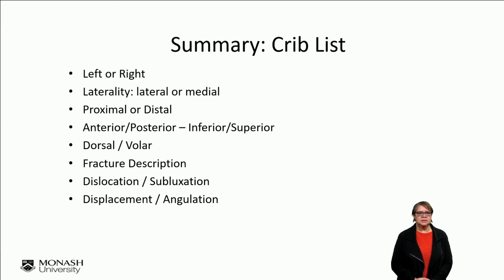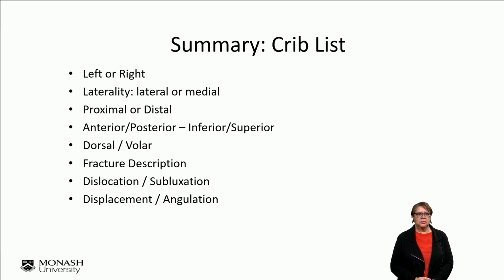So here's a crib list for writing your preliminary image evaluation summary. Remember, you need to identify whether you are looking at a left or right limb, for example, and then also when you come to long bones, if necessary, you need to include the laterality, so indicate whether it's lateral or medial.